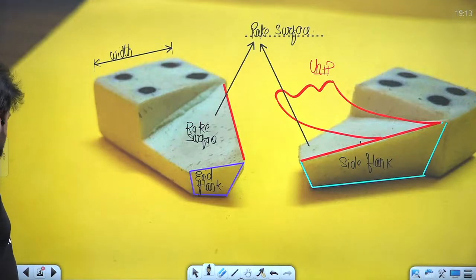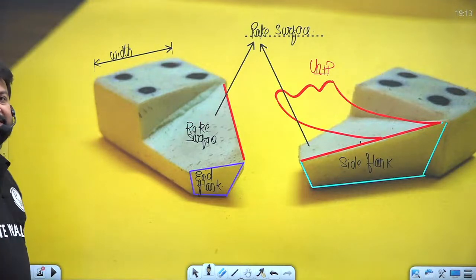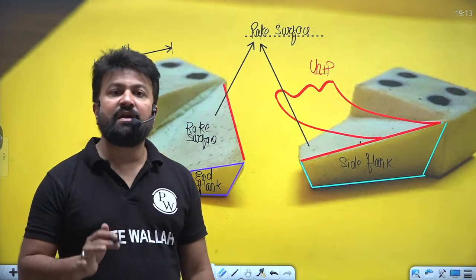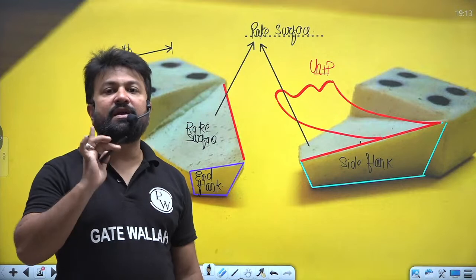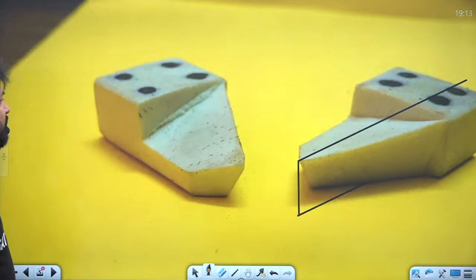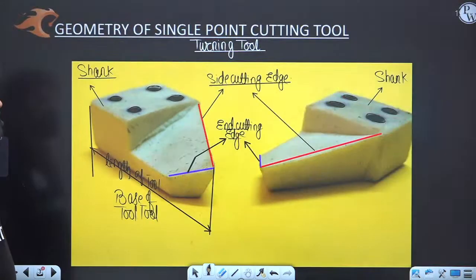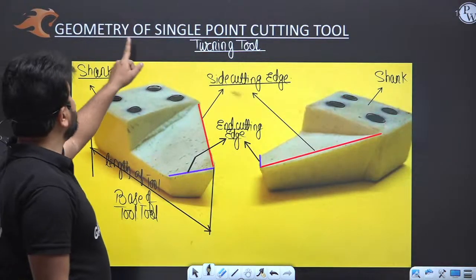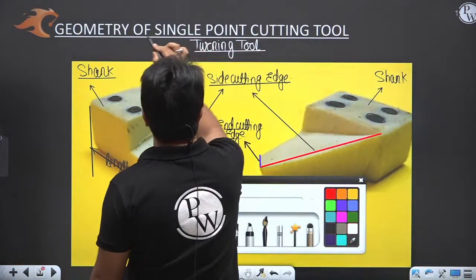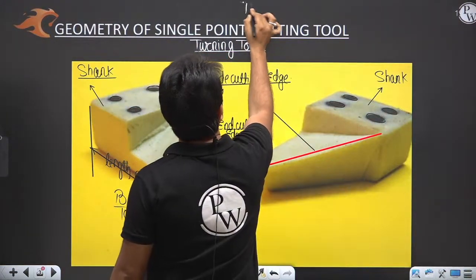Now we are going to understand the angles. The tool geometry of a single point turning tool is going to be understood by the angles. Here I'm going to write which tool I'm talking about: the geometry of the single point turning tool.